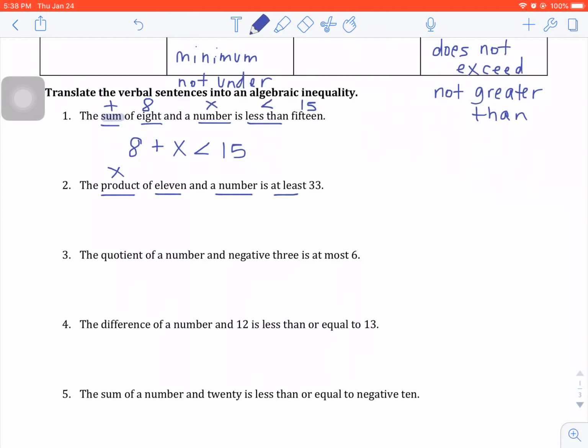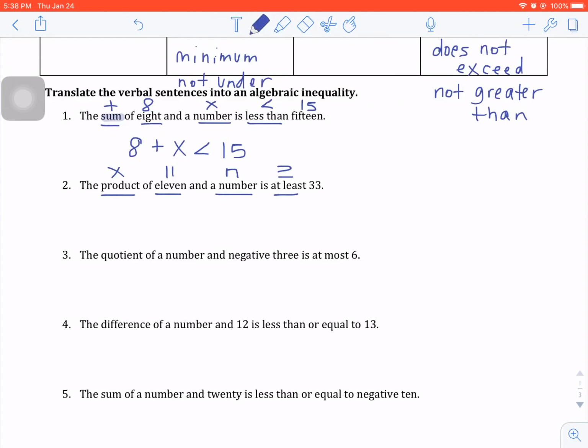The product of 11 and a number. So this time I'm going to use the letter N to represent a number. Is at least. That means it could be 33 or it could be more than 33. So we're going to use the greater than or equal to symbol.